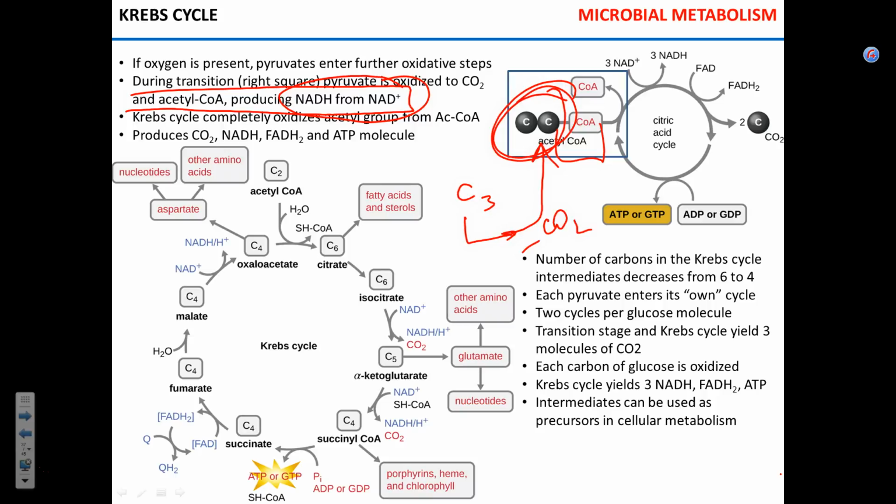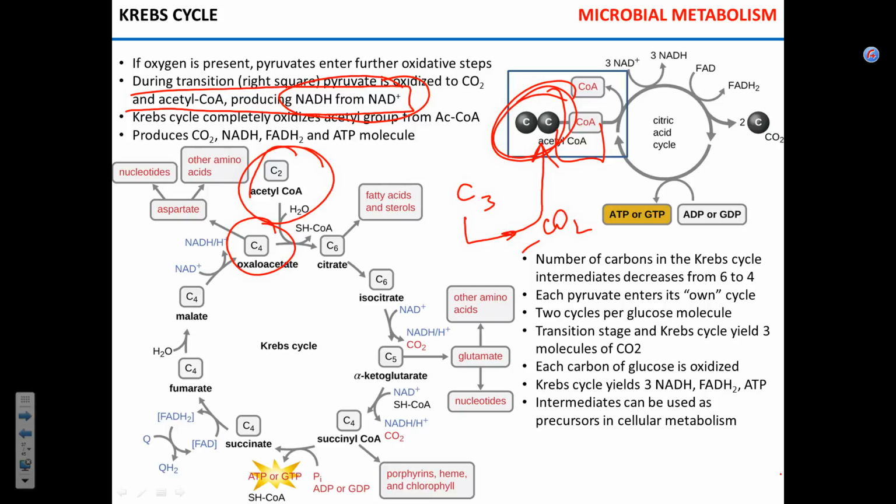Now acetyl-CoA can enter the Krebs cycle. So I have 2 carbons here. It combines with oxaloacetic acid. Now you can say, wait, oxaloacetate, what does that mean? I can either say oxaloacetic acid, or the anion of that acid is oxaloacetate, like you can say pyruvic acid and pyruvate.